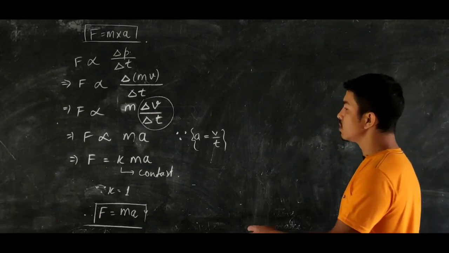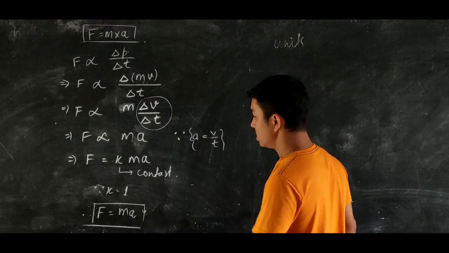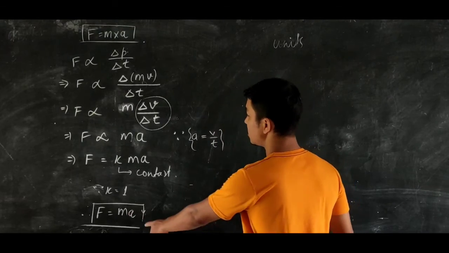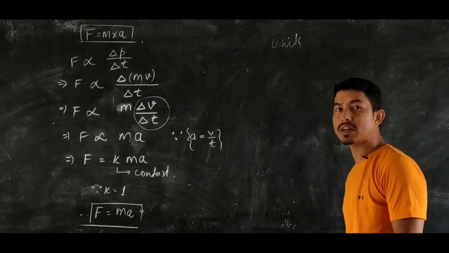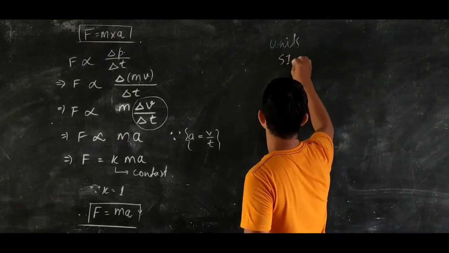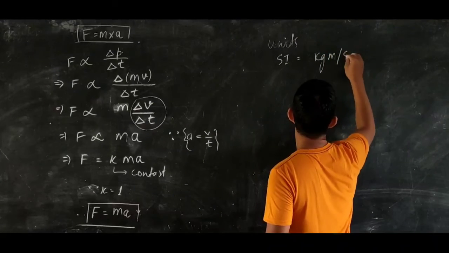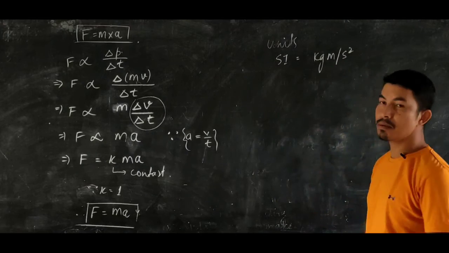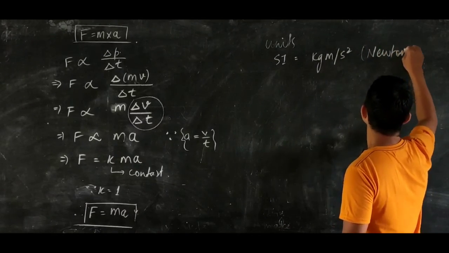So now coming to the units of force. What is the unit? Since the mass is measured in kilogram and the acceleration is measured in meter per second square in SI units, the SI unit of force is kg meter per second square, and this kg meter per second square can also be termed a Newton.